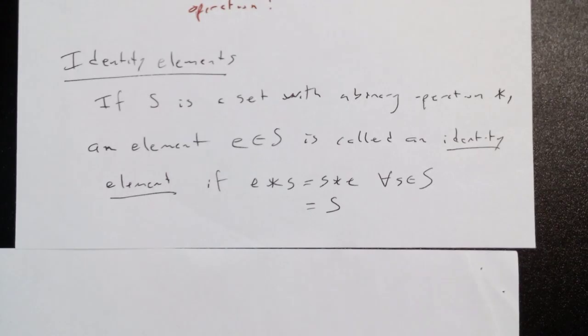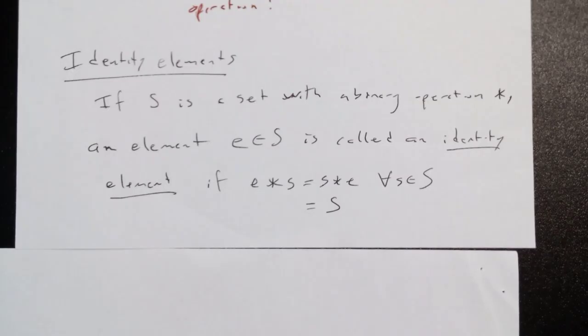If I'm multiplying, what's my identity element? I change the operation, change the identity element. It'll be 1, because multiplying by 1 doesn't change anything. No matter what number you give me, if I multiply it by 1, or if I take 1 and multiply by that number, I get that original number back.